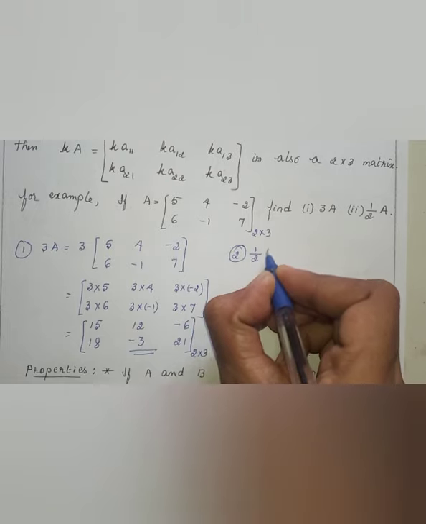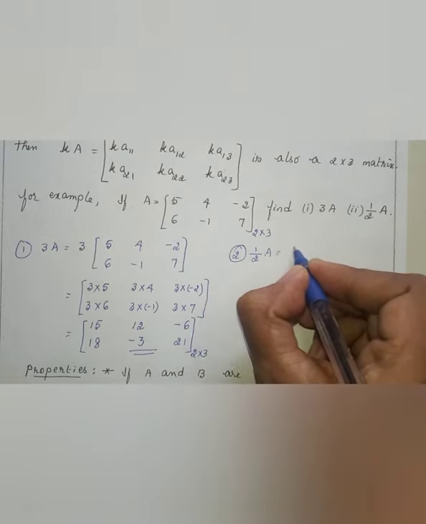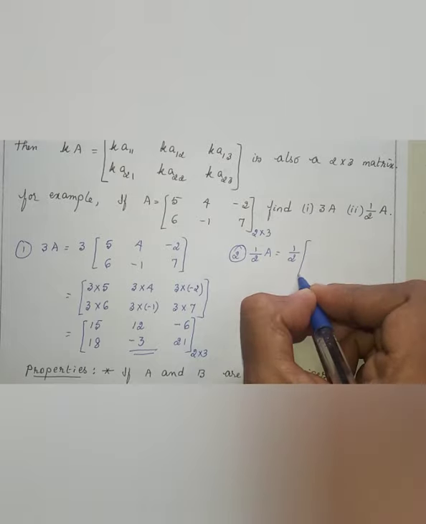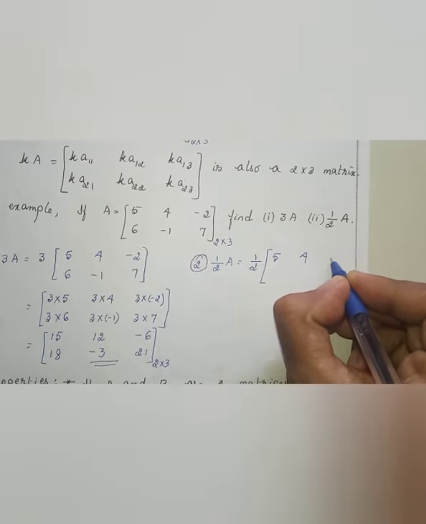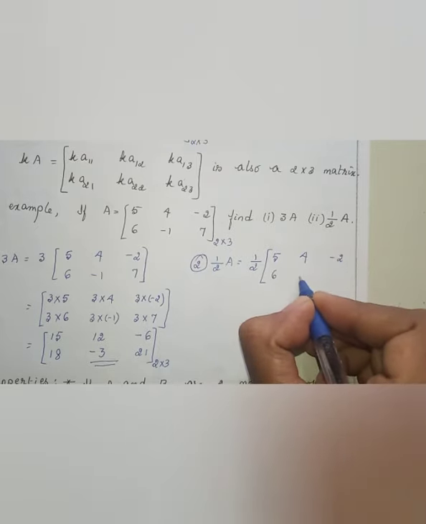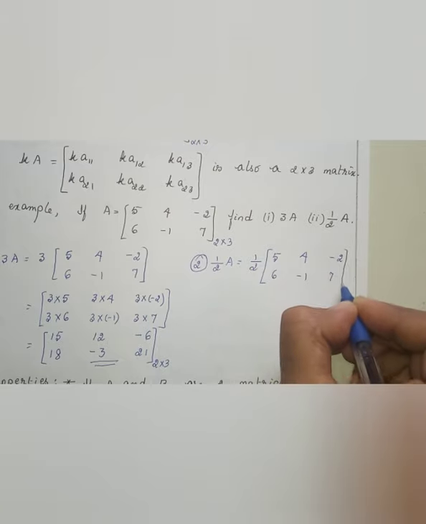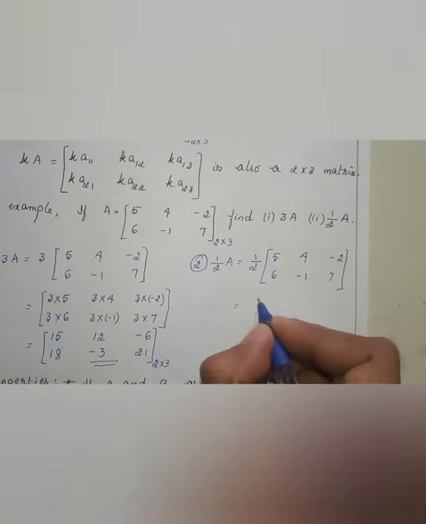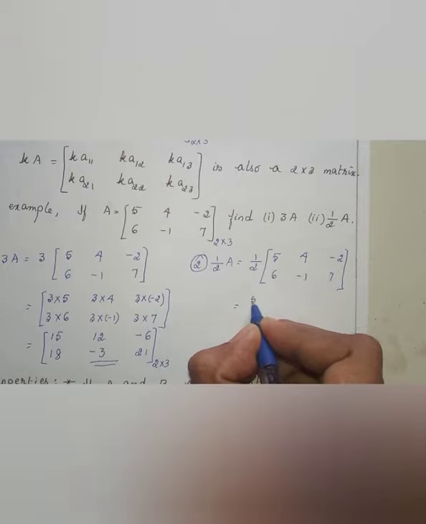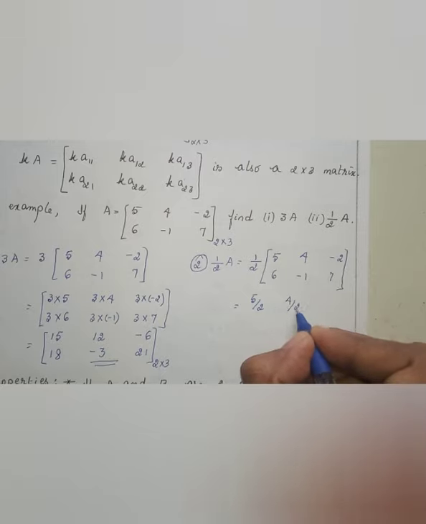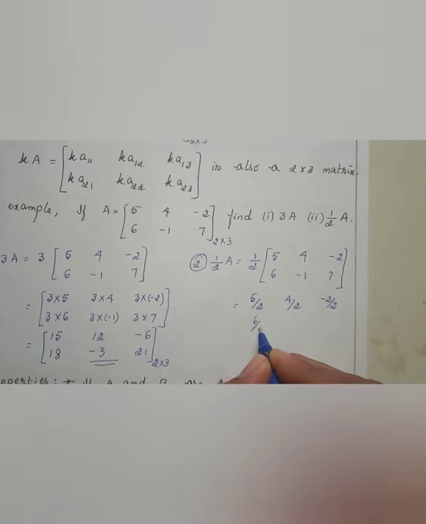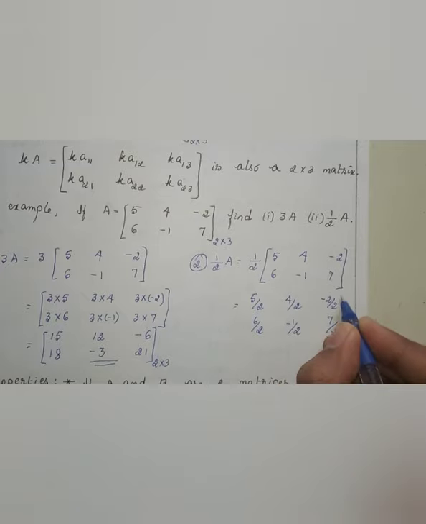1 by 2 into A. 1 by 2 into the same matrix A, 5, 4, minus 2, 6, minus 1, 7. 1 by 2 into 5 is 5 by 2, 4 by 2, minus 2 by 2, 6 by 2, minus 1 by 2 and 7 by 2.